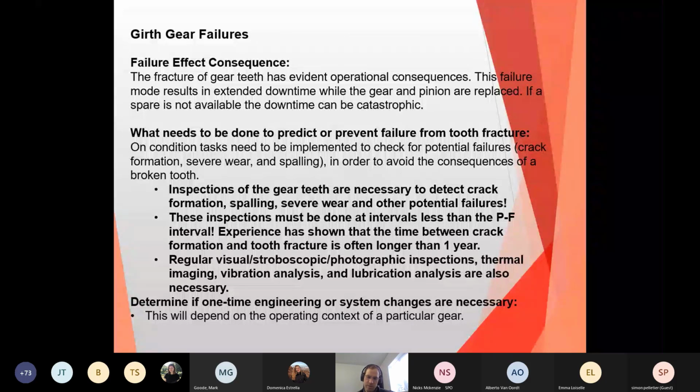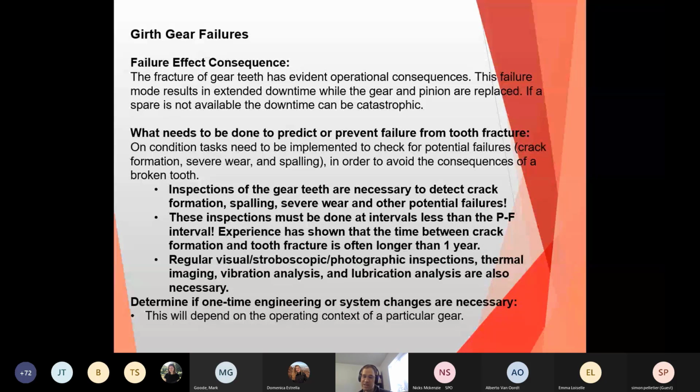So, most of the plants, the mills that we're working with, depending on the material being processed, you're looking at anywhere from $30,000 on the low end per hour up to well over $100,000 an hour for mill downtime.